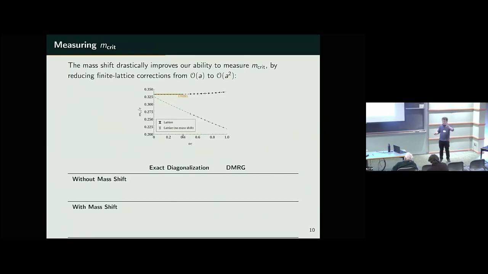Now with this linear shift of the mass proportional to the lattice spacing, what actually happens is if we do the same kind of calculation where we try to extract this critical mass and take the lattice spacing to 0, it's going to converge quadratically in the lattice spacing. So that's just a qualitative big improvement that will help us converge this number. And so what effectively happens is the mass shift more or less nets you 1 digit in this calculation.